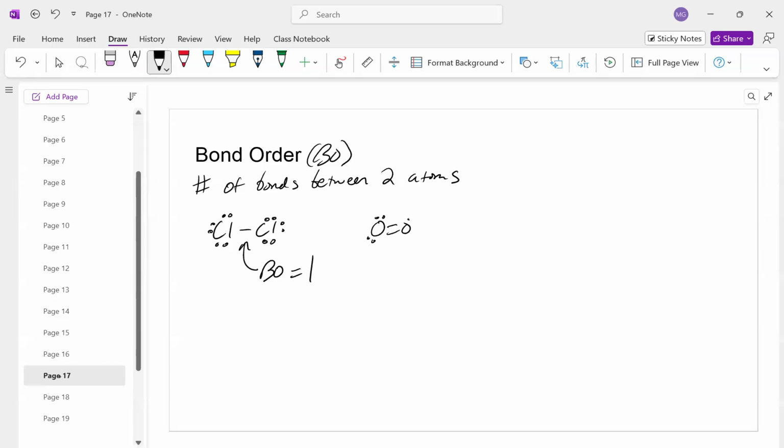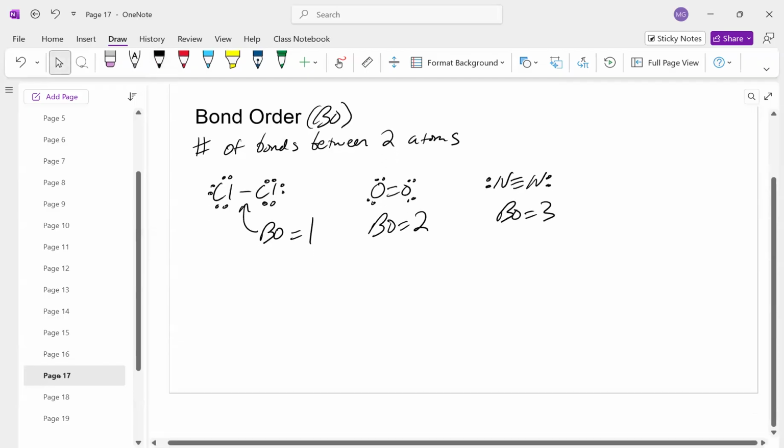Oxygen, which has a double bond, the bond order is 2. And then a triple bond, the bond order is 3. You don't get any higher than that. There's no quadruple bond or anything that exists. Now, none of those structures have a resonance form.